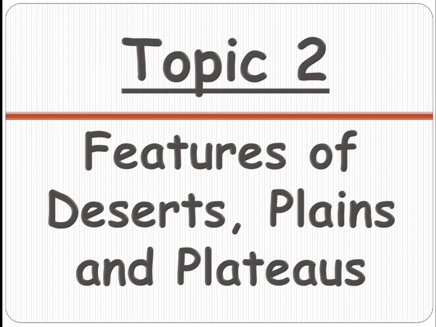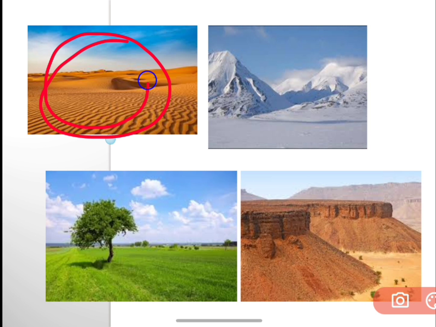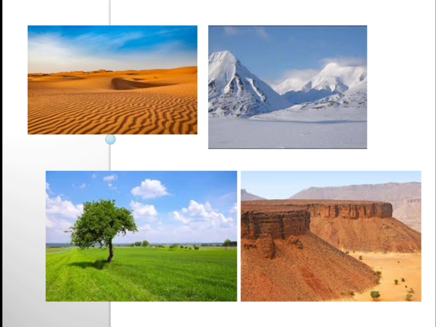Okay, so if you see the deserts, children, deserts are dry land. Can you see in the first picture here? So, this is the desert. This desert is a dry land, and here you can see very little rainfall, or sometimes there will be no rainfall throughout the year.